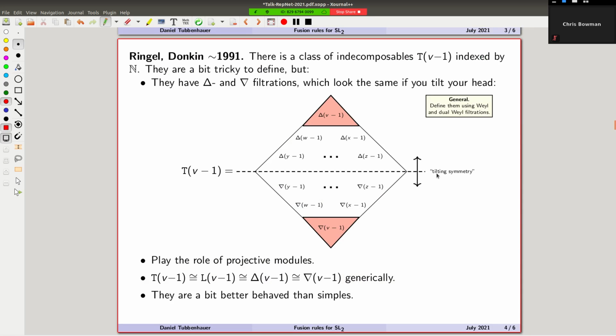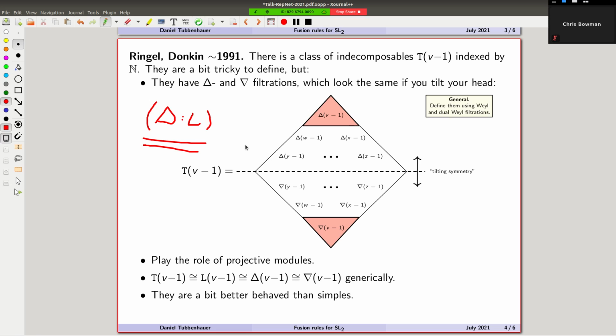Before we can answer the question, or actually I won't really answer the question about the decomposition of the simples, so how many simples appear in a Weyl module, because it's a kind of an ugly formula. There's a slightly nicer formula, which is related by some BGG reciprocity to this one here, which is a little bit easier to describe, and which I also will need later to explain the fusion rules.